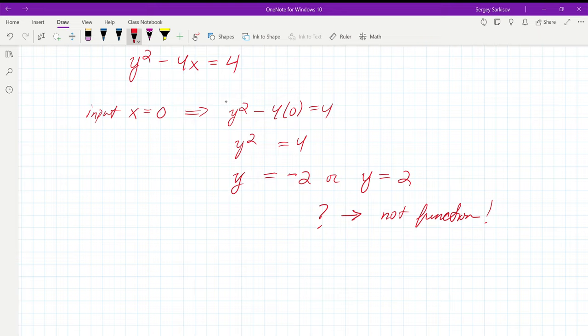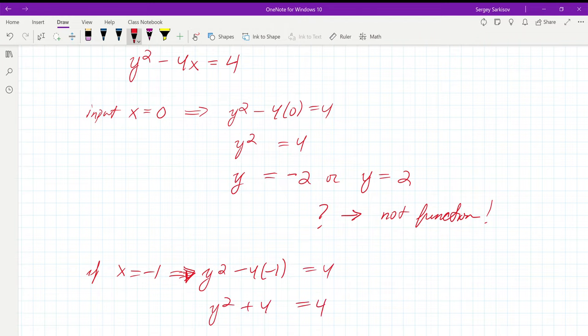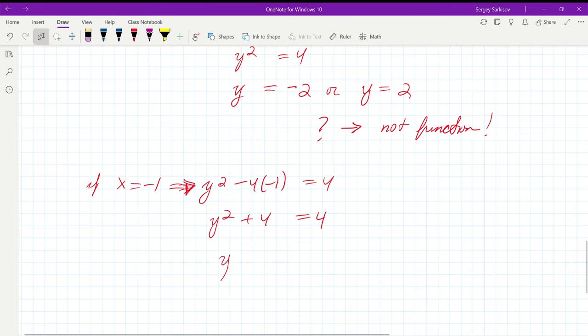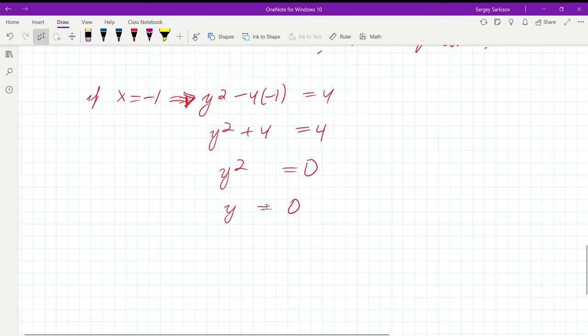Now if you tried, let me show you, here's what wouldn't actually help much. If x equals negative 1, watch this. y squared minus 4 times negative 1 equals 4. Well, that means y squared plus 4 is equal to 4. And that means y squared is equal to 0. So what is y? y has to be 0. And so the problem is, this wouldn't help us because we'd think, all right, this looks like a function.